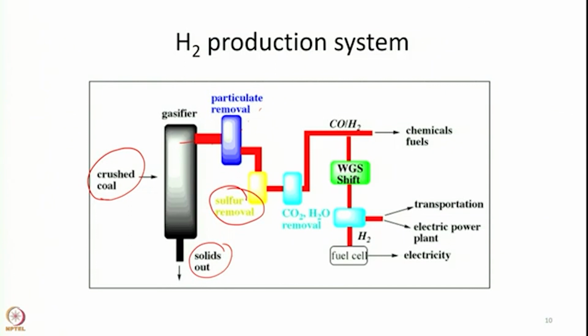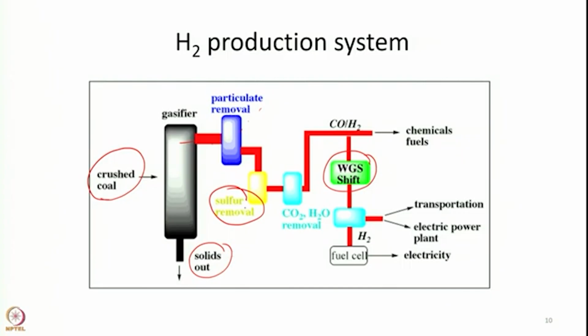Typically in biomass, most of the biomass you will not have much sulfur that is problematic enough to remove, but in the coal the sulfur content is significantly high, and this needs to be removed before you push it into the hydrogen separator, because those reactors and also this water gas shift reactor, the catalyst used gets poisoned because of the sulfur present. So, that is why you need to remove the sulfur.